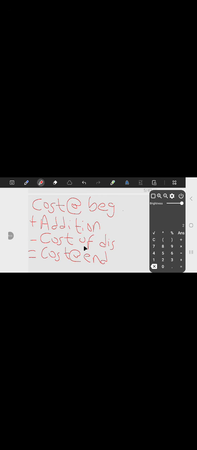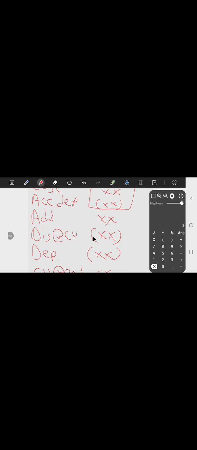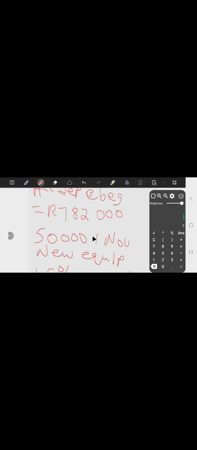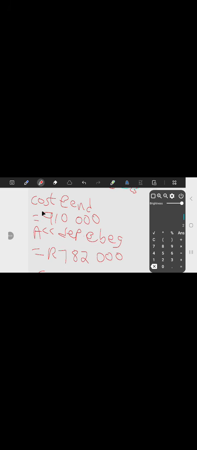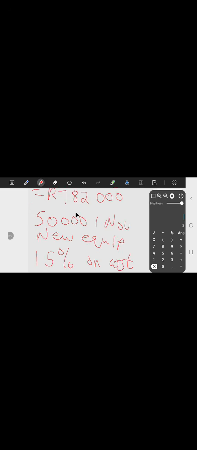Right. Now, from our scenario, we are given 910, which is cost at the end. Let's go put it there.